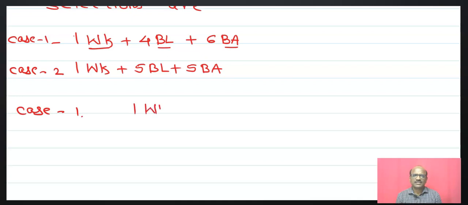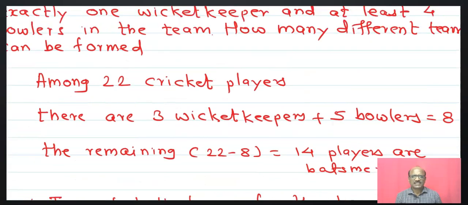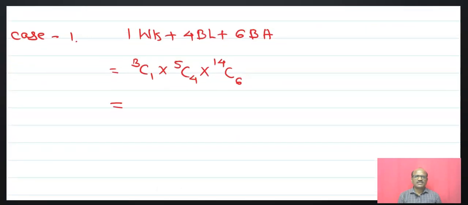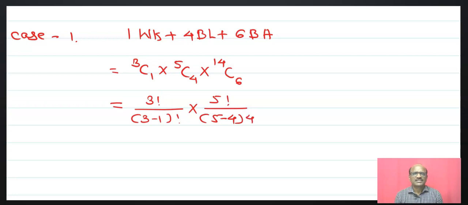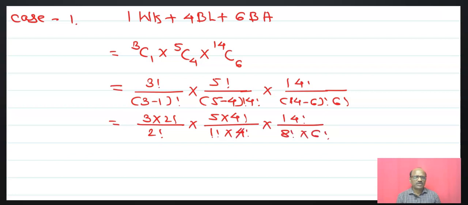Therefore, in case 1, 1 wicket keeper plus 4 bowlers and 6 batsmen, that is 3C1 into 5C4 into 14C6. 3 factorial upon 3 minus 1 factorial into 1 factorial, next is 5 factorial upon 5 minus 4 factorial into 4 factorial, 14 factorial upon 14 minus 6 factorial into 6 factorial.